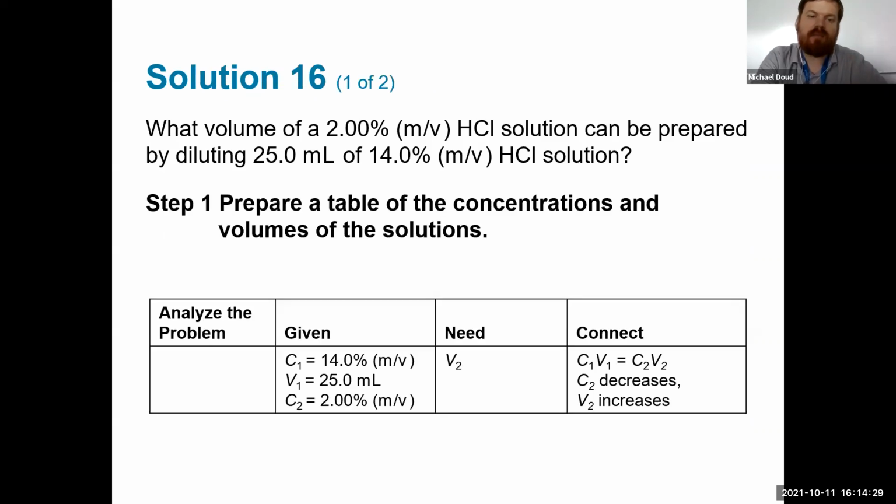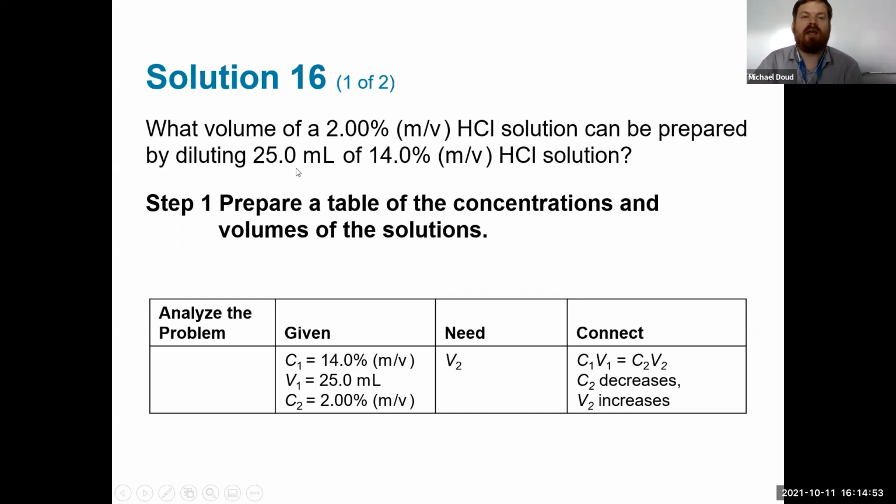Okay, and we're back. Now, in this case, our concentration is percent mass over volume, but that doesn't change it. We're still just going to plug in C1, our initial concentration. That's the bigger one here, 14.0%. C2, 2.00%. Again, as long as it's the same concentration unit, it doesn't matter which one you choose.